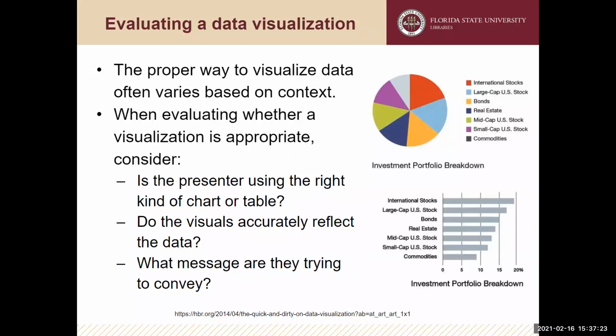We can tell that there's a difference between the percentages of how much of their investments are in international stocks, real estate, etc. So if we're trying to get a glimpse of how much, the bottom graphic would be a better representation of the data. So neither one of them is inherently wrong in any sense. If we're focused on comparing the categories, comparing the amounts, we would want to use the bottom graphic.